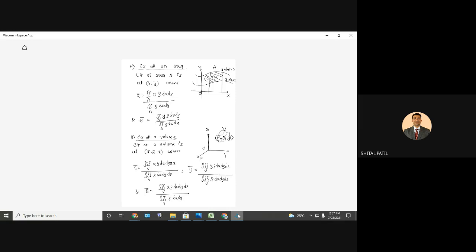So the denominator of all x bar, y bar, z bar is the same. The numerator is different. We'll go through a few examples.